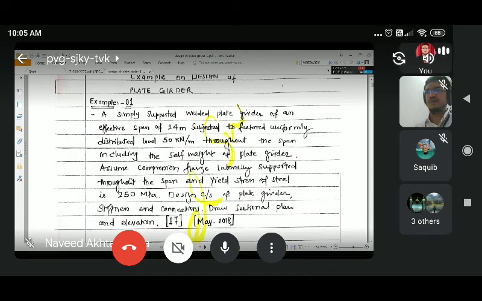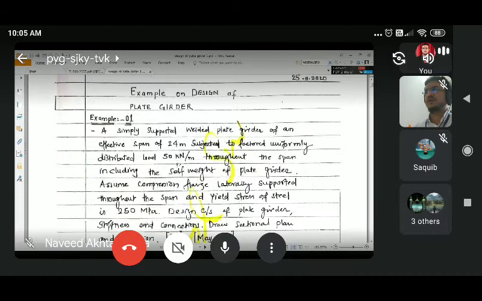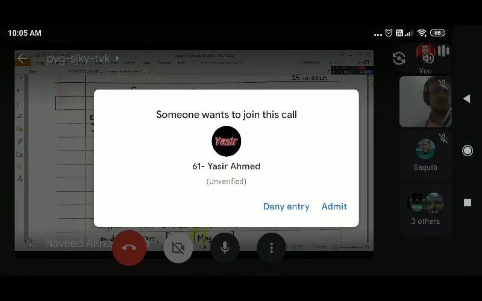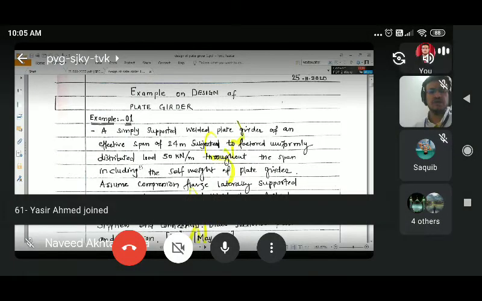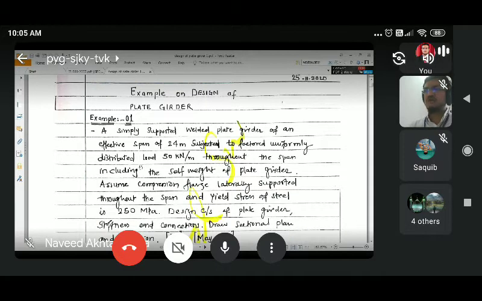We already discussed the theoretical part of the plate girder, and also the types and elements of plate girders. We also saw the codal provisions and method of design for plate girders. Now we'll start today the example for design of a plate girder.